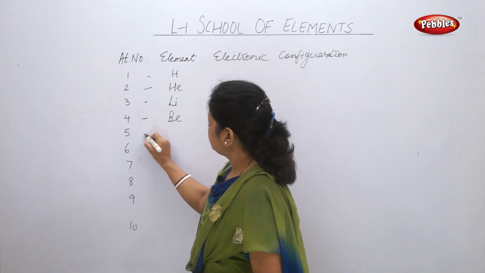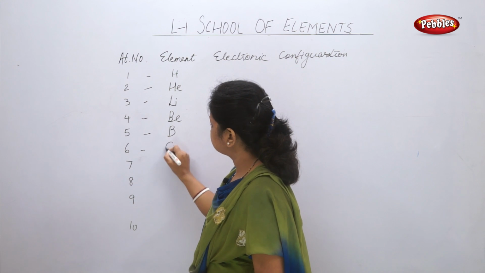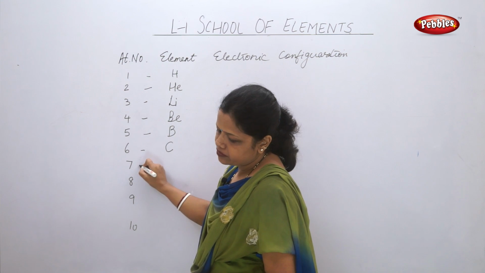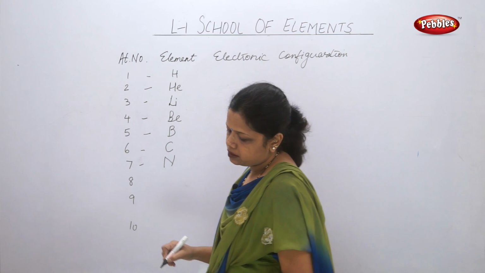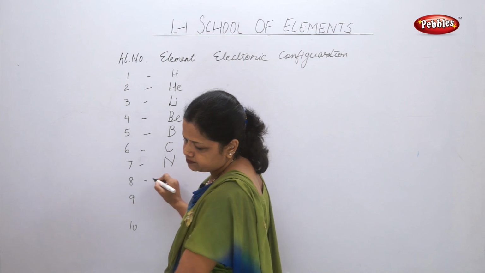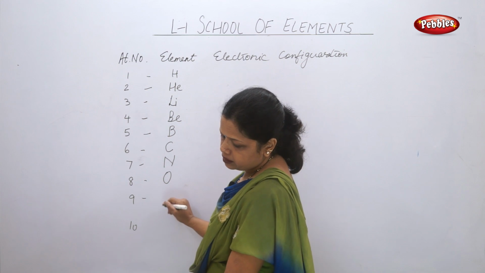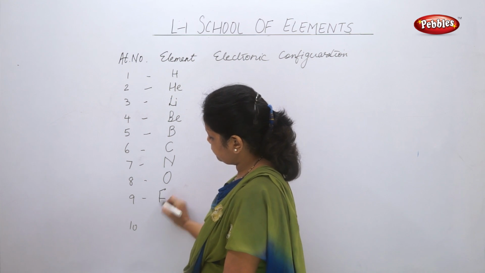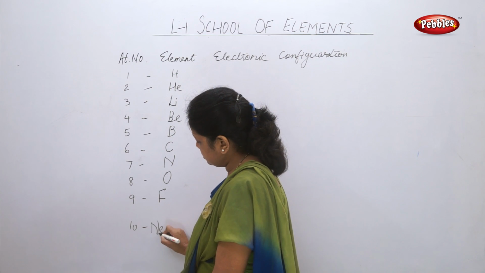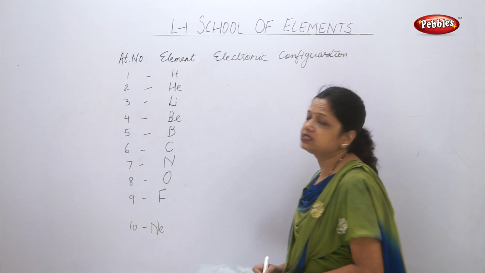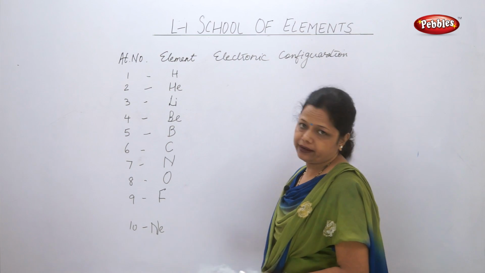Fifth is boron, B. Sixth is carbon, C. Seventh is nitrogen, N. Then 8 is oxygen, O. 9 is fluorine, F. And 10 is neon. These are the first 10 elements having the atomic number 1 to 10.